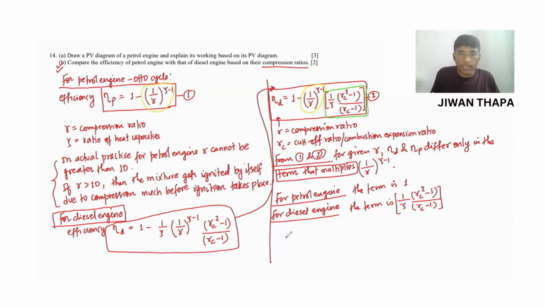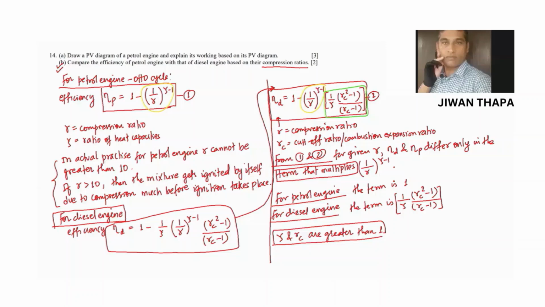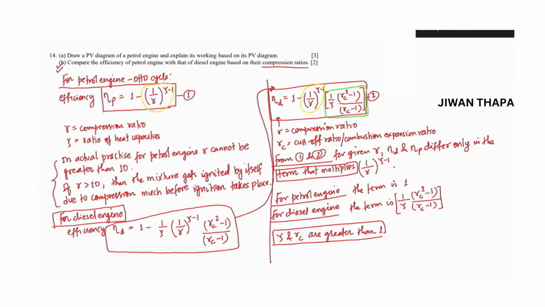Now what we find is that gamma and rc are greater than 1. This is to be noted. So gamma and rc are greater than 1.